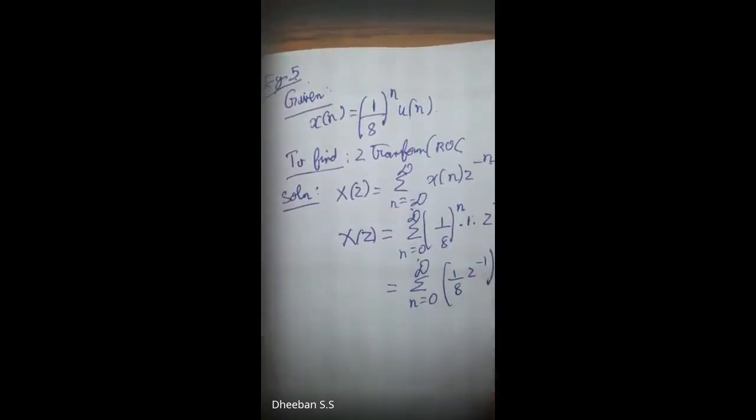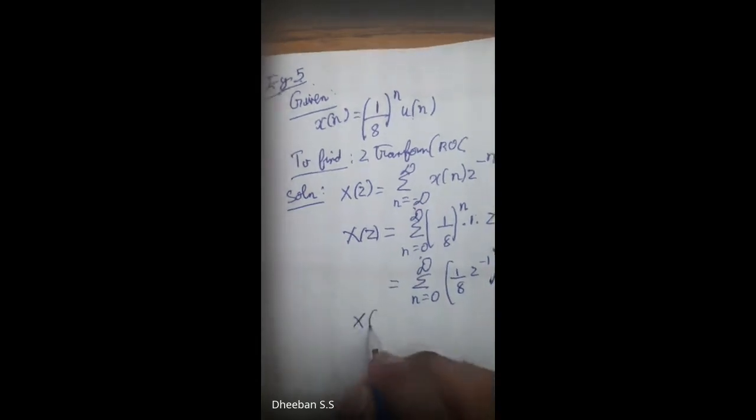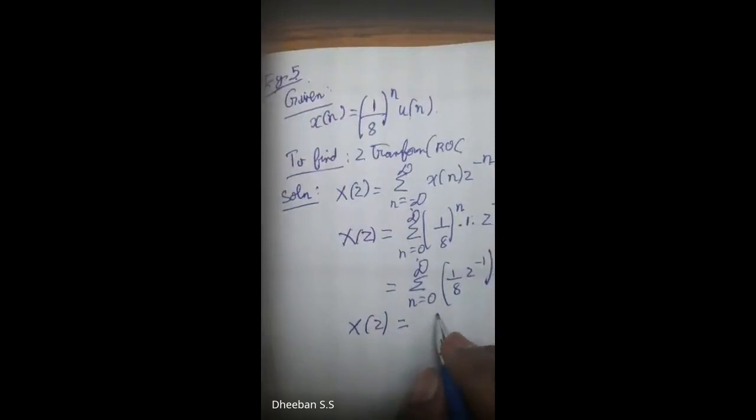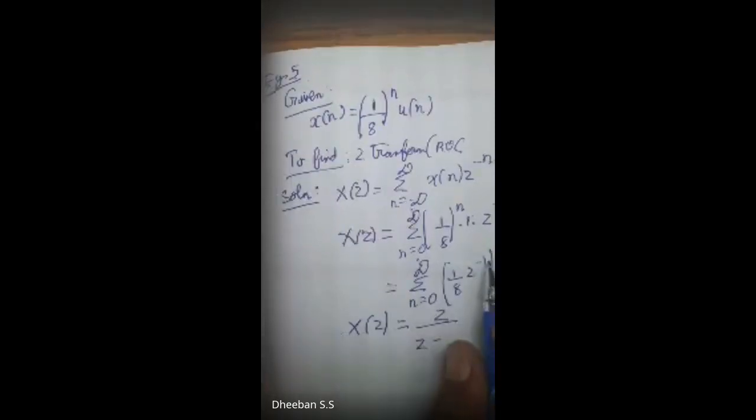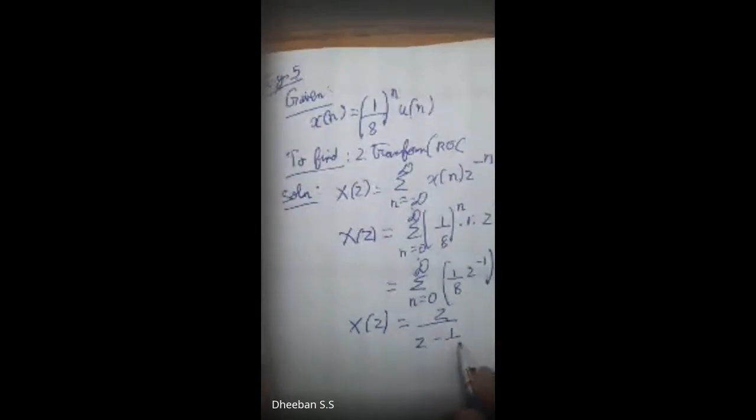Now for this, the value of x of z will become, by the standard formula, z by z minus 1 by 8.